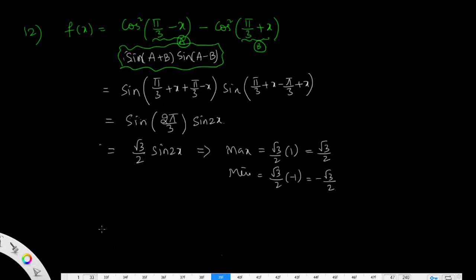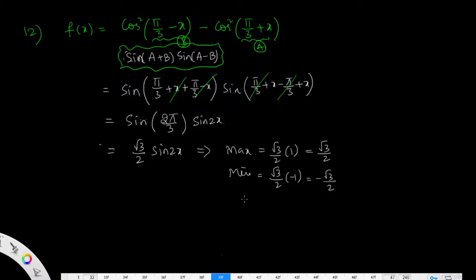So all terms are in the form of sin square a minus sin square b, or else cos square b minus cos square a. Treat this as b and this as a. Cos square b minus cos square a you write as sin of a plus b into sin of a minus b. So a plus b and a minus b: plus x and minus x get cancelled, and pi by 3 gets cancelled.